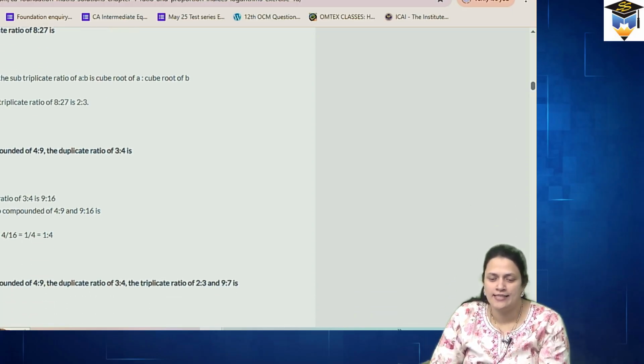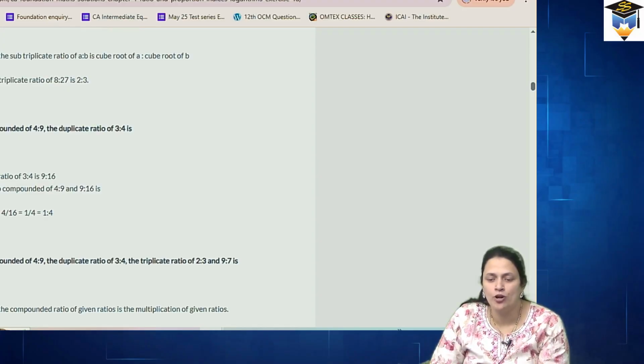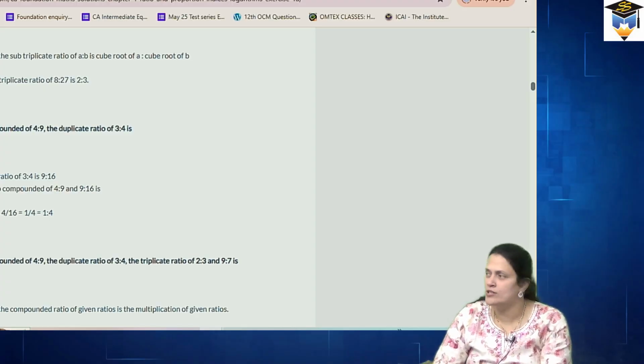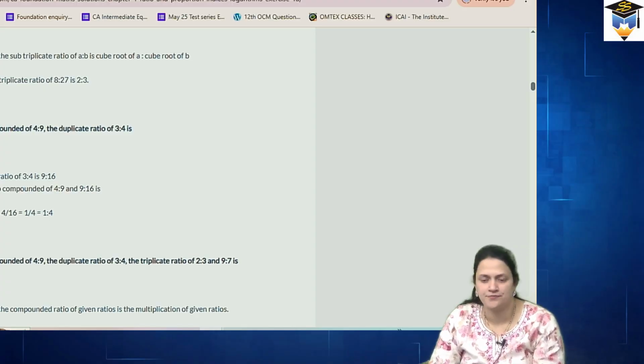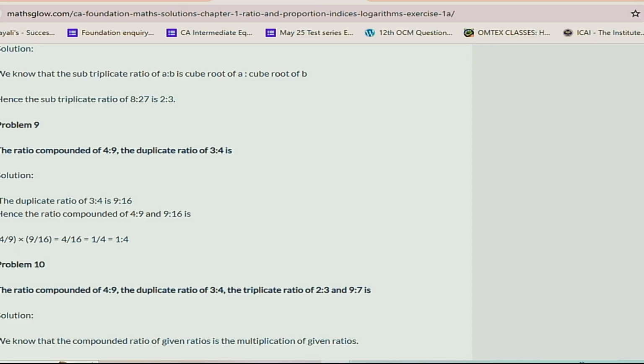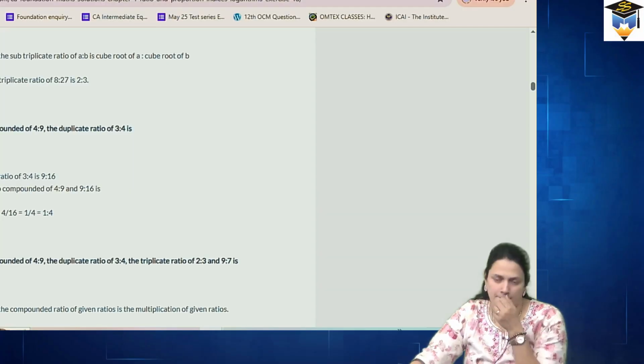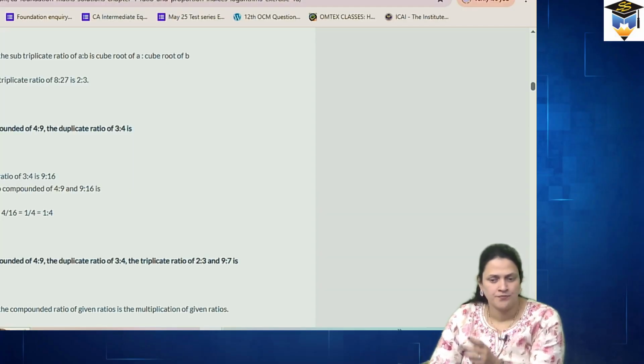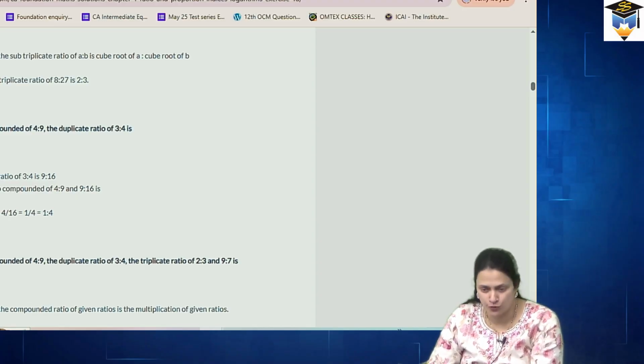Now next, the ninth: the ratio compounded of 4:9 and the duplicate ratio of 3:4. So what is the meaning of that? The ratio compounded of 4:9, the duplicate ratio of 3:4.